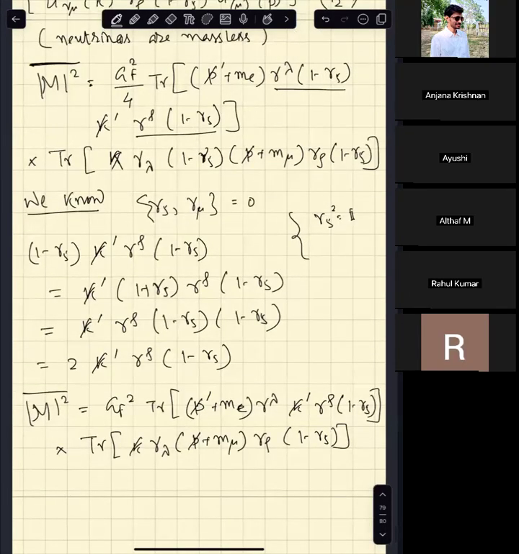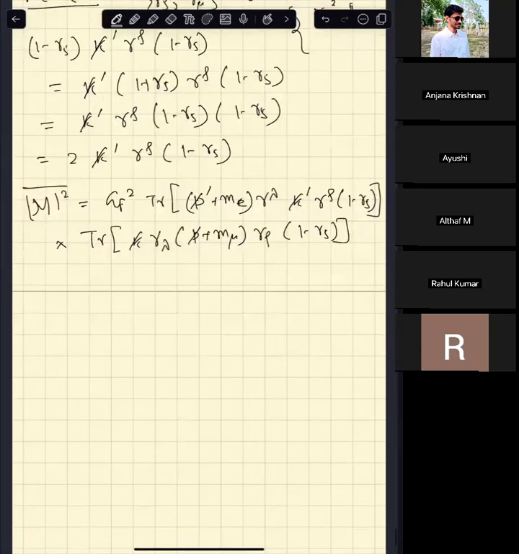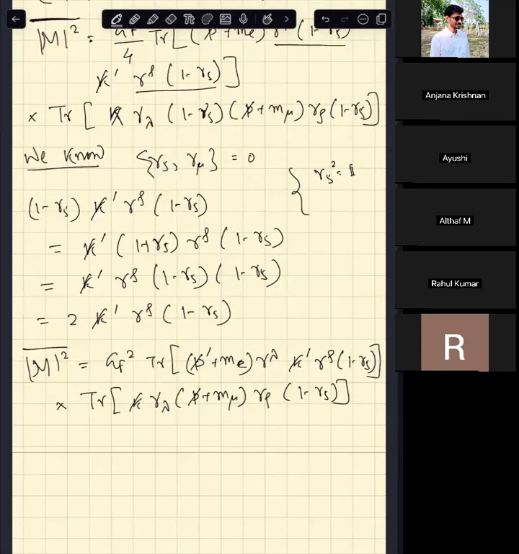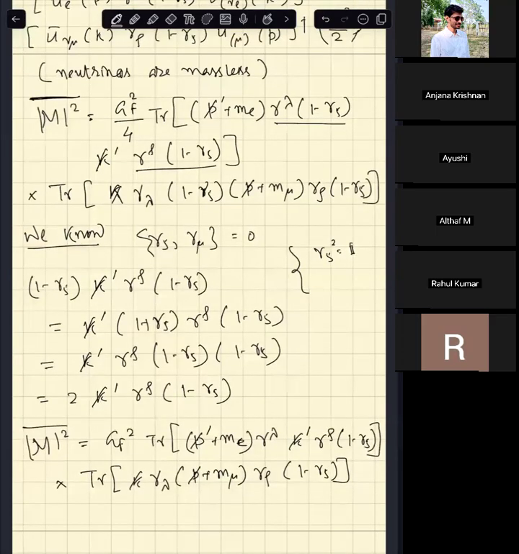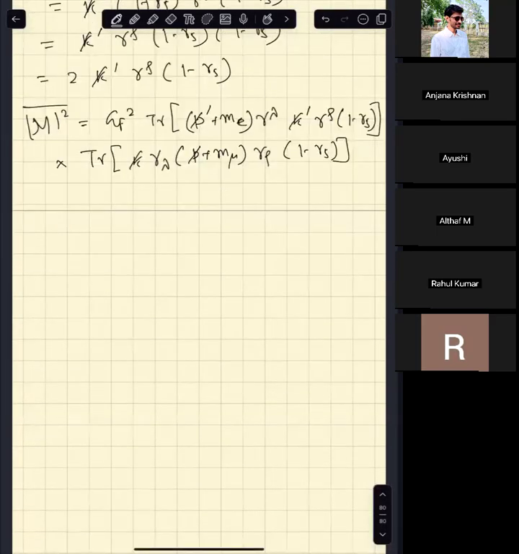Okay, so the whole thing is now reduced to this particular form, and you can see that the 2 is coming from both the sectors, so 2 and 2 make 4, which cancels the 4 associated with this GF square by 4. That's why there is no 4 in the denominator. So we have these terms.